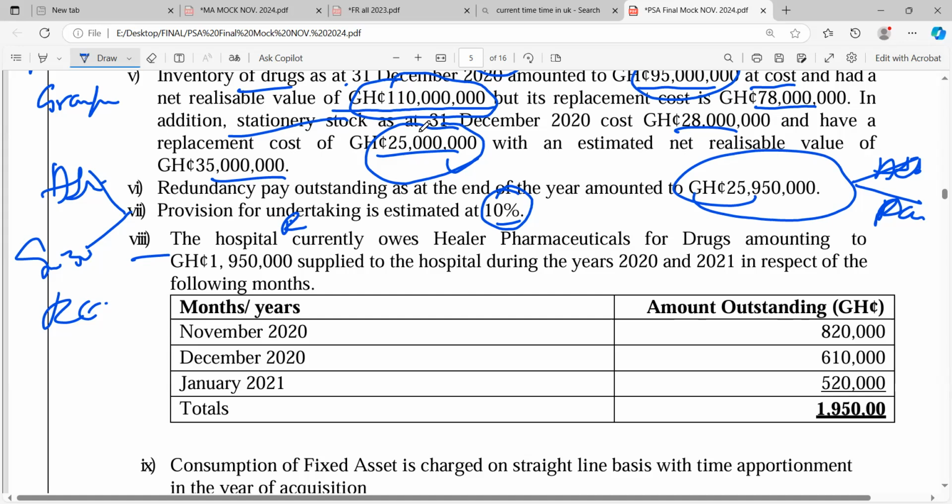So, in respect of this, the hospital currently owes Hila Pharmaceutical for drugs amounting to the supply to the hospital during the years 2020 and 2021. Here, the one we are owing is what?